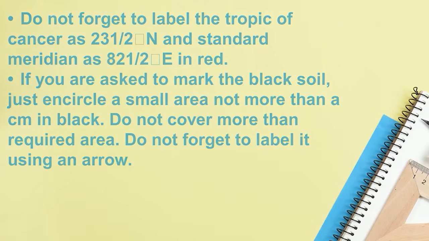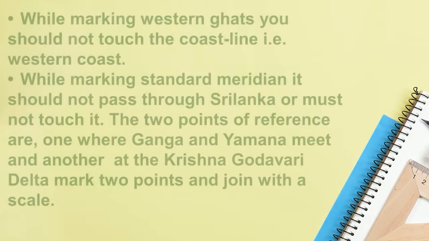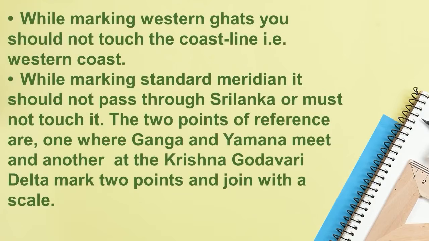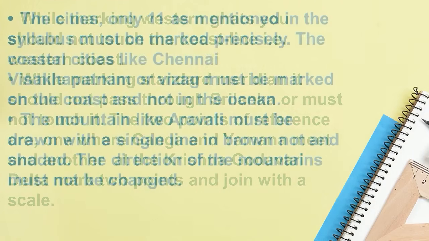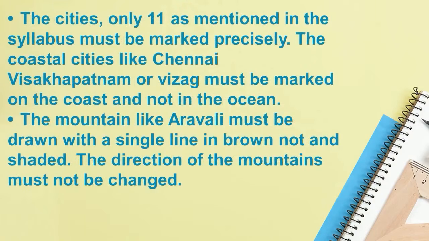While marking Western Ghats, you should not touch the coastline. While marking standard meridian, it should not pass through Sri Lanka and it should not touch it. The cities like Chennai or Visakhapatnam should be marked on the coast and not into the ocean.